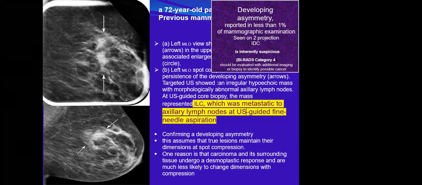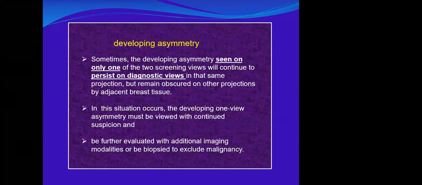As we mentioned, usually it is BI-RADS 4, the developing asymmetry. Sometimes the developing asymmetry is seen only on one projection of a standard screening or diagnostic mammogram. On screening, it might be seen on two projections, and when you recall the patient and do diagnostic mammography, it might still persist on two projections.